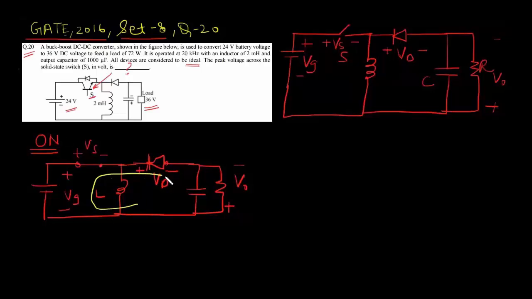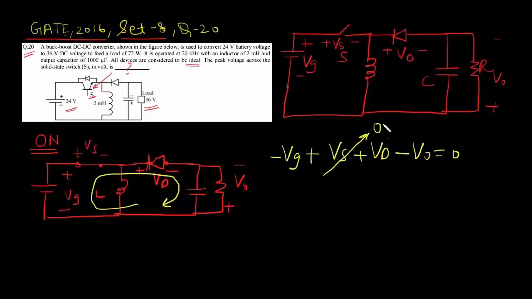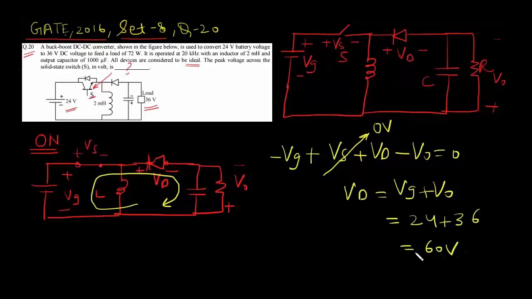Now you can apply KVL in this loop. So minus VG plus VS plus VD minus V naught is equal to 0. As switch is in on state, Vs is 0 volt. So you get Vd is equal to Vg plus V naught, 24 plus 36, that is 60 volt.